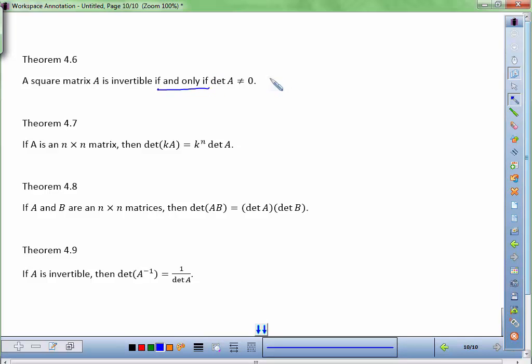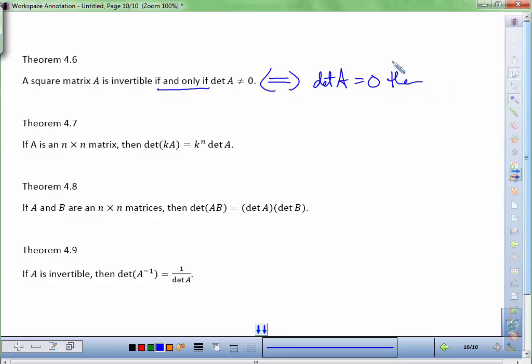We can change the statement around to say that the determinant of A is equal to 0 if and only if A is not invertible.